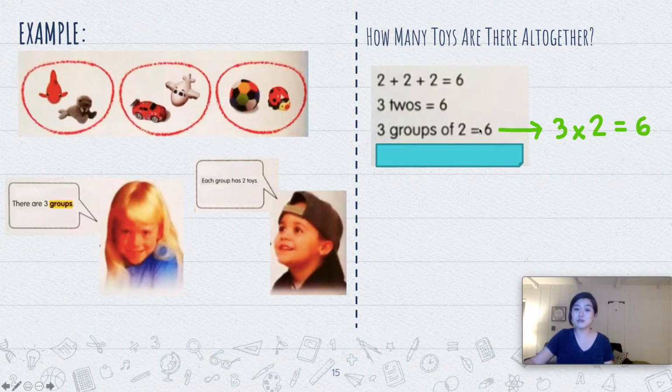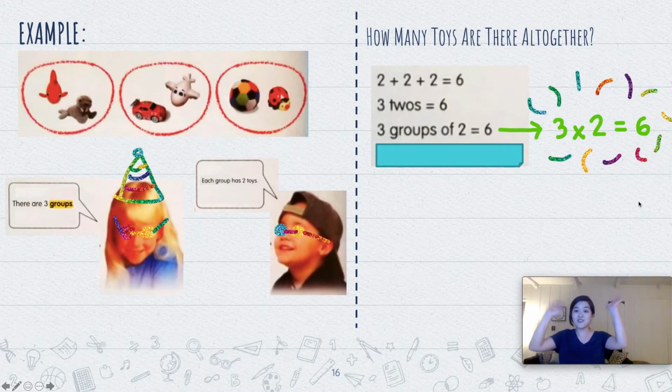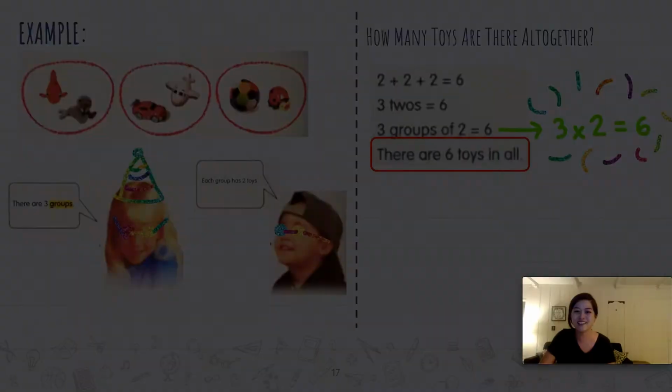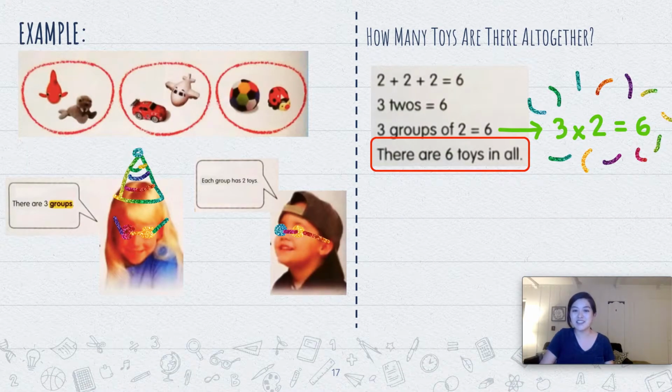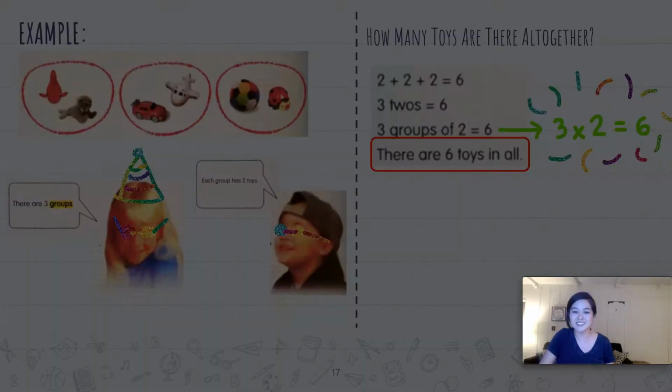So 3 groups of 2 is the same thing as saying 3 times 2. The number of groups times the number of items in each group, which makes 6. Whoa, you guys just did multiplication. All right, and so there are 6 toys in all.